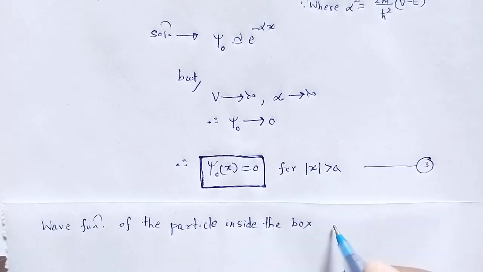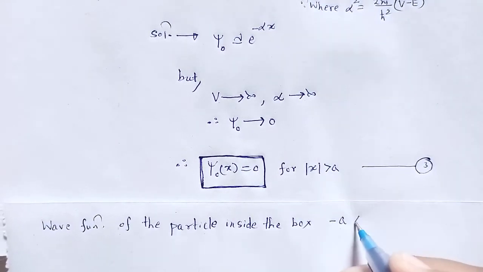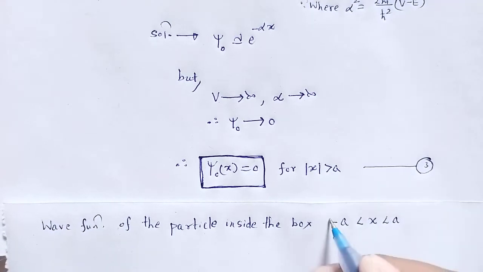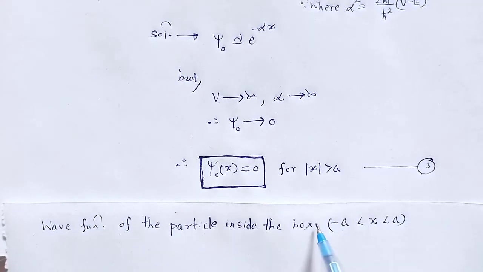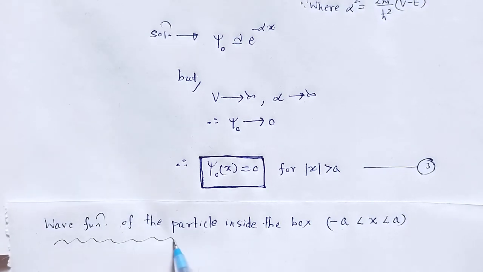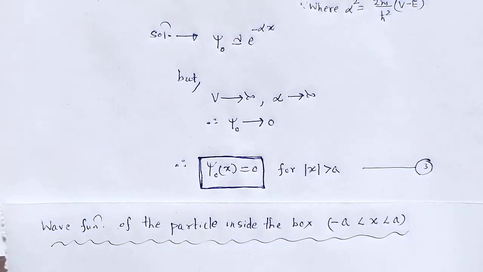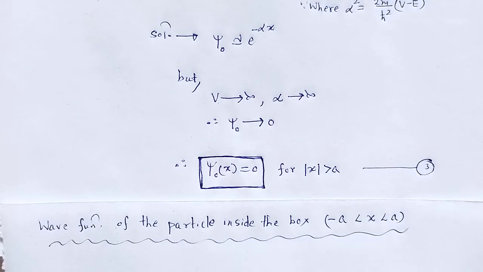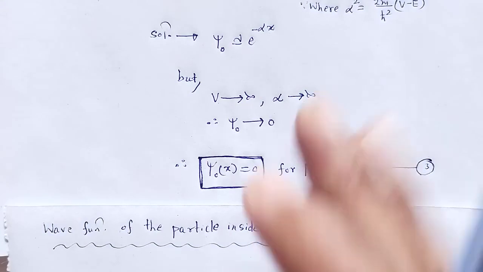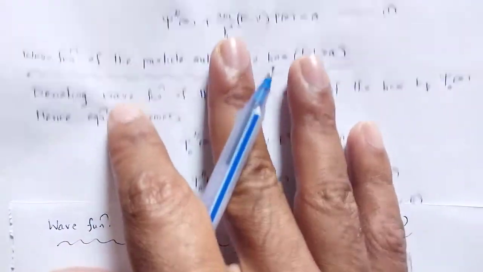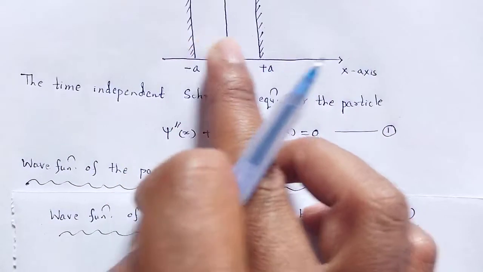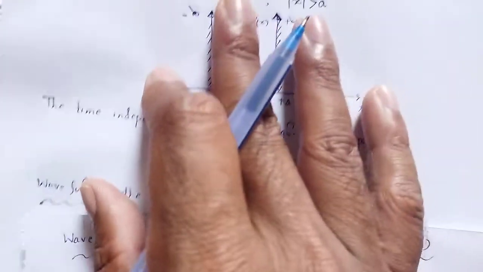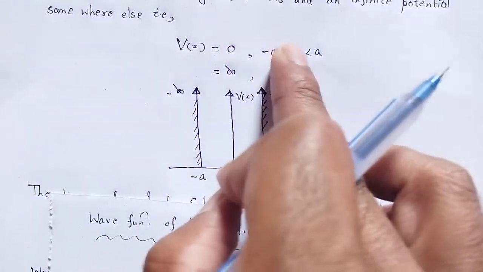Inside the box means x in the region minus A less than x less than plus A, the region where the particle exists inside the box. So here we take a general psi for the particle inside the box. For this region, look at the figure, that is the region minus A to plus A. Inside that region, the potential will be 0 as given.